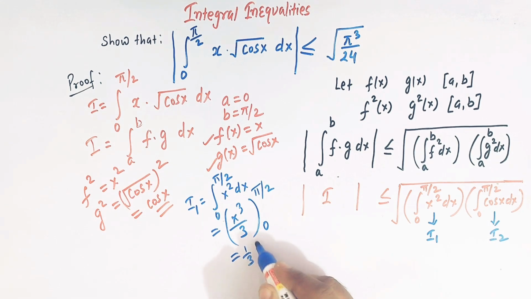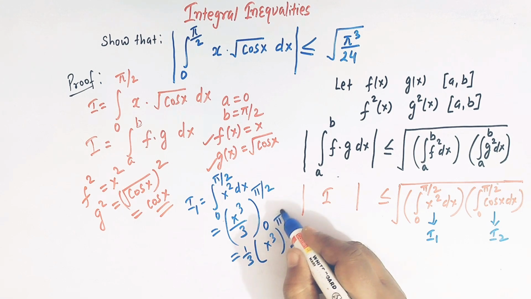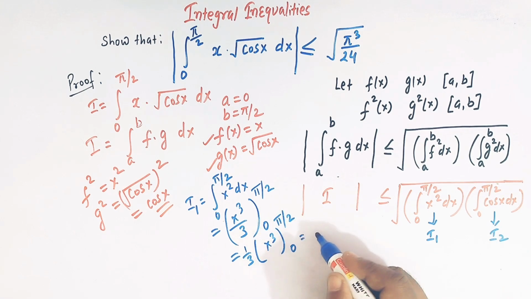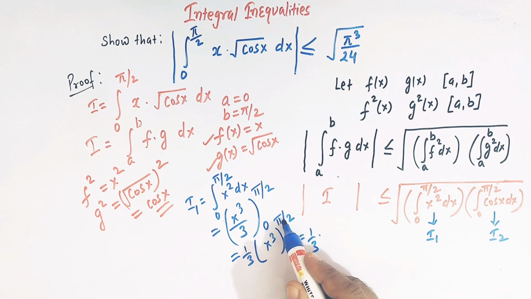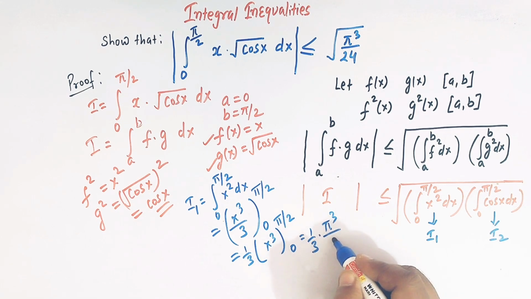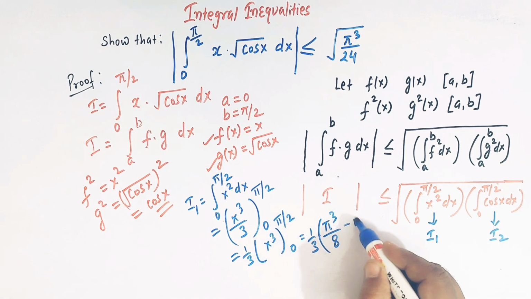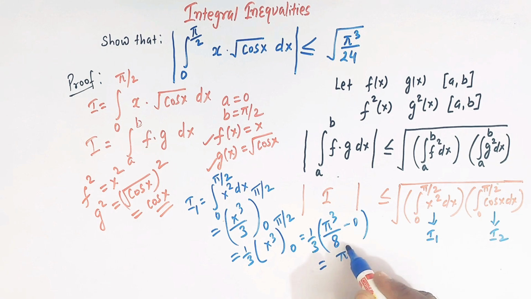So we have 1 over 3 outside, and x cubed from 0 to pi by 2. Substituting the limits and taking the difference, we have pi cubed over 8, because this is x cubed, and here we have 0, so this is pi cubed over 24.